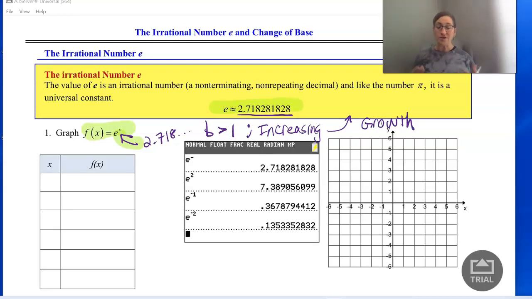So if we were to create a t-table and put whatever numbers we want for x, let's just pick 2, 1, 0, -1, -2, and you put those into your calculator. There is a place on your calculator where you've got the natural number e.